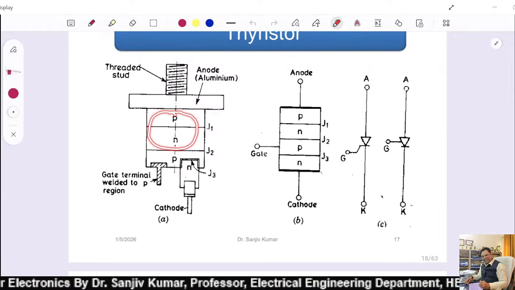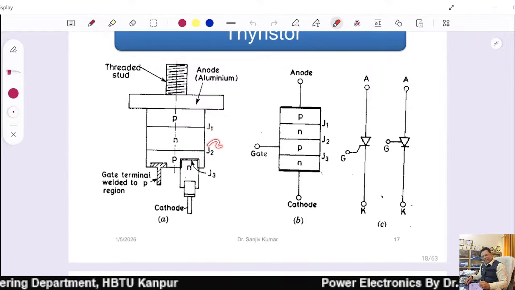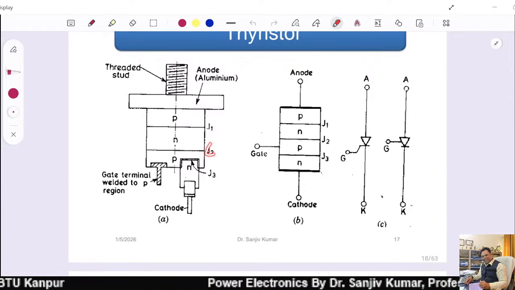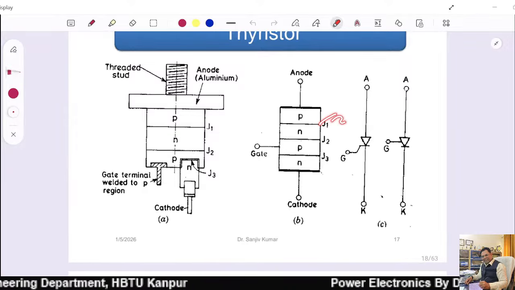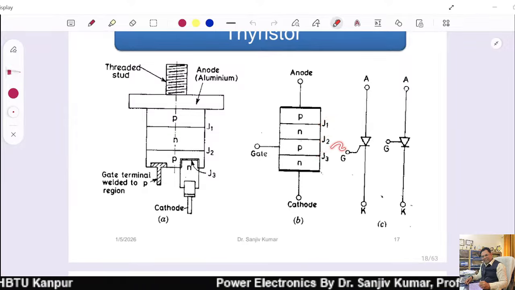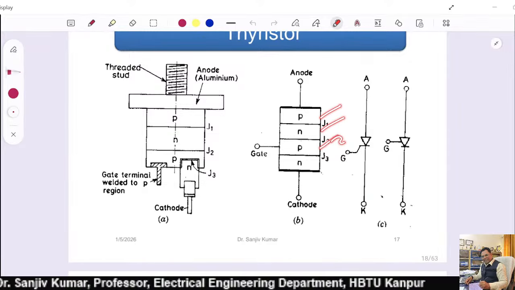This PN junction J1 and this NP junction J2, and then with the cathode it is forming another junction J3. So overall it is having three junctions J1, J2, J3 and four layers of PN semiconductor material, PN, PN, right?